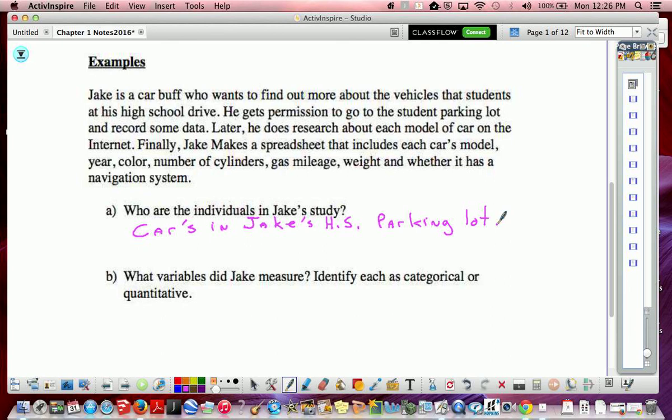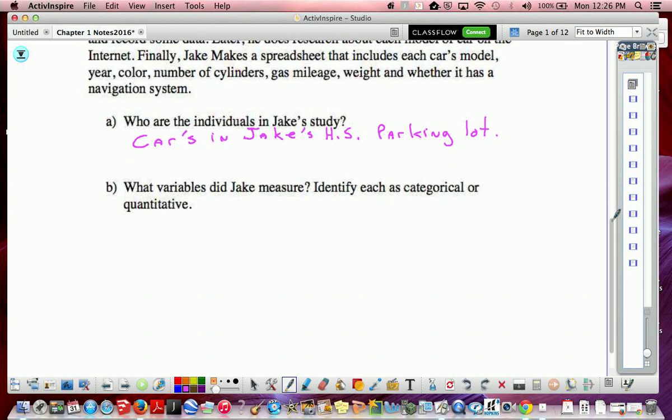Now question B says, what variables did Jake measure? He's got a lot of variables here. Then it says to identify each as categorical or quantitative. So what I'm going to actually do here is write categorical and quantitative, and I'm going to list all the ones that are categorical underneath and all the ones that are quantitative under quantitative.